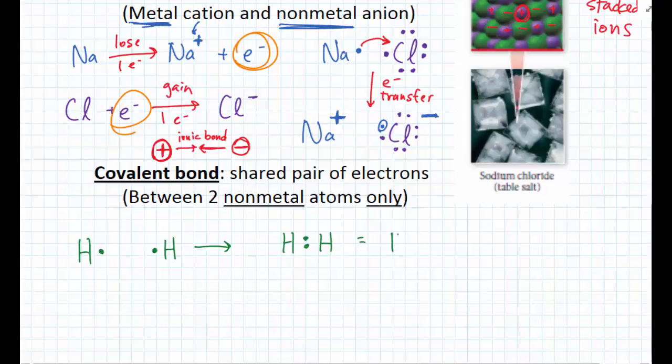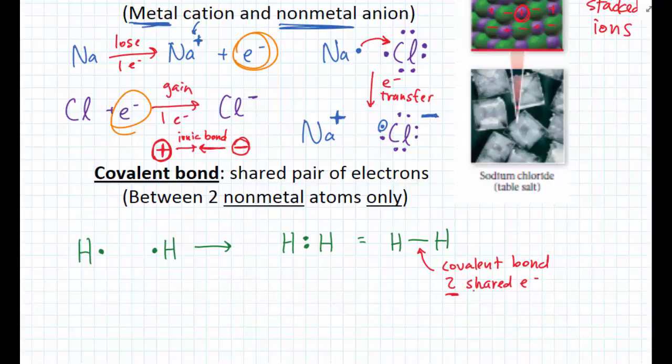And we actually draw that as a line. So whenever we see atoms connected by a line, that line is a covalent bond that contains two shared electrons. Okay? There's a pair of electrons in there.